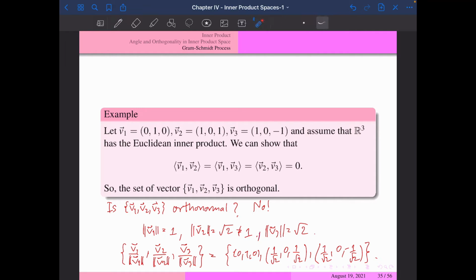And you can see that the new set that we obtain is an orthonormal set, right?